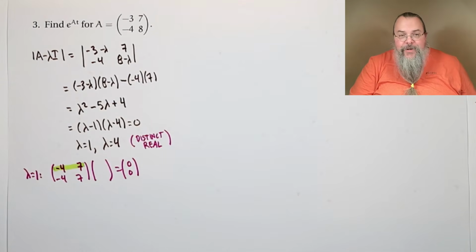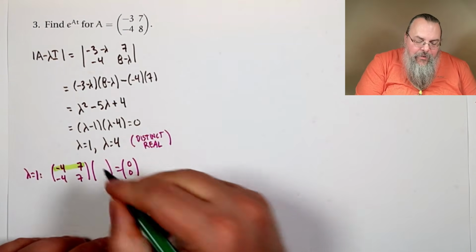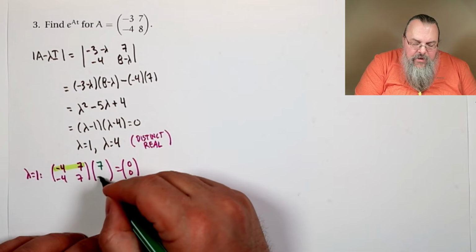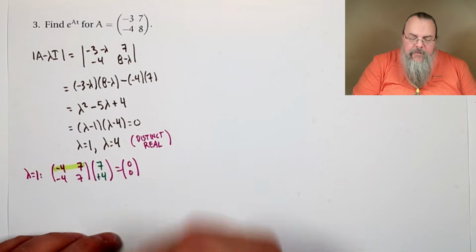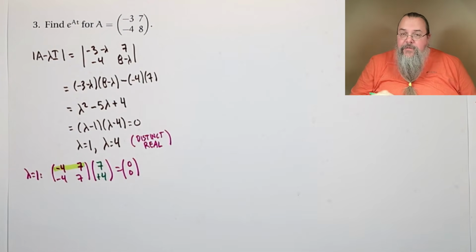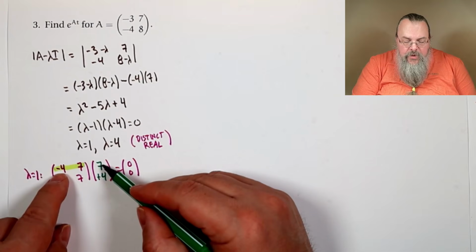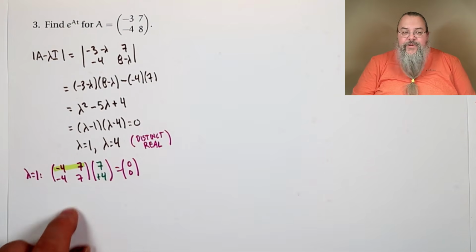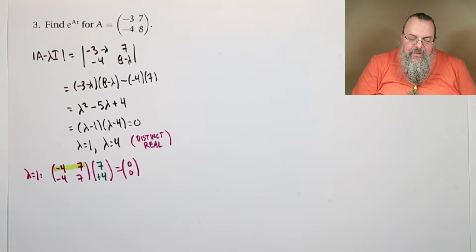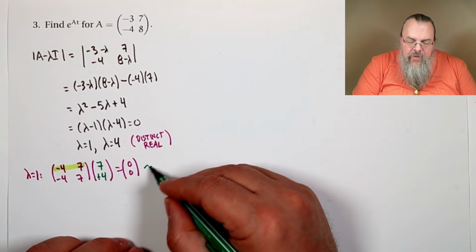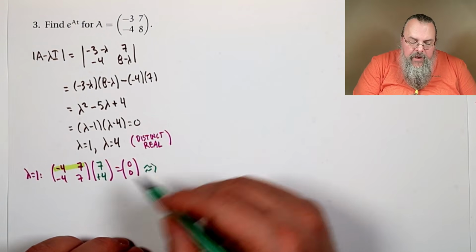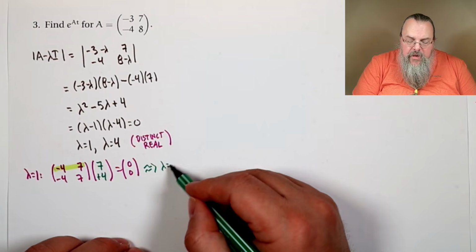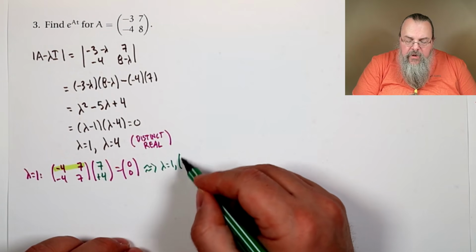Well, it doesn't matter which row, they're identical in this case. Write the row in reverse order and flip a sign. So I claim 7, 4 does it. Minus 28 plus 28. Minus 28 plus 28. Yeah, 0, 0. And so we say, okay, that gives us a pair. Namely, lambda equals 1 goes with 7, 4.